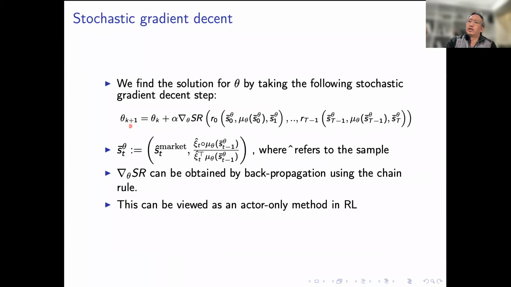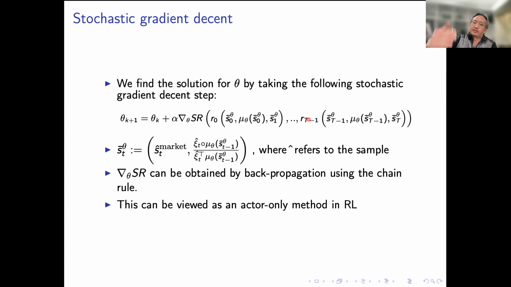So we can update the parameter of our decision policy by stochastic gradient descent, which means that for each trajectory that we sample, we update theta by taking the learning rate alpha multiplied by the gradient of the Sharpe ratio function that we define based on that trajectory path.